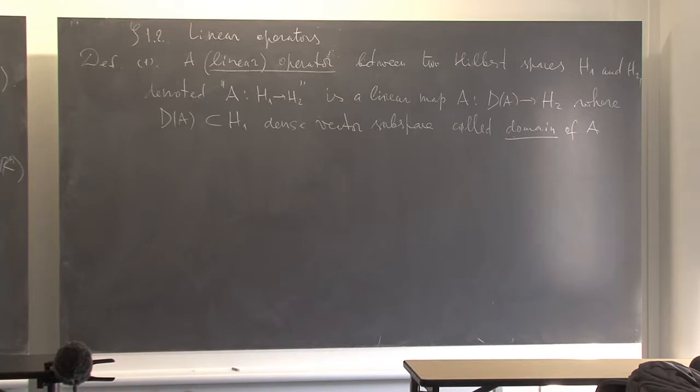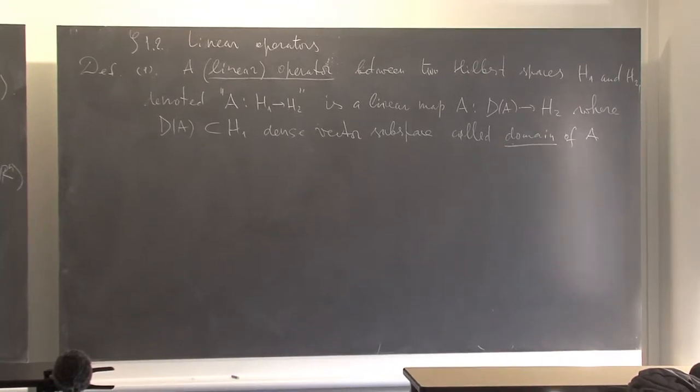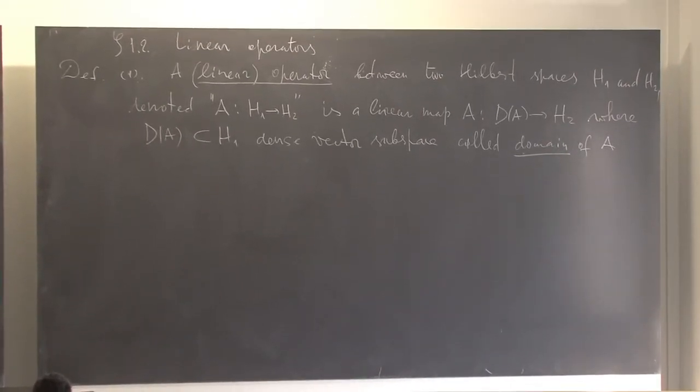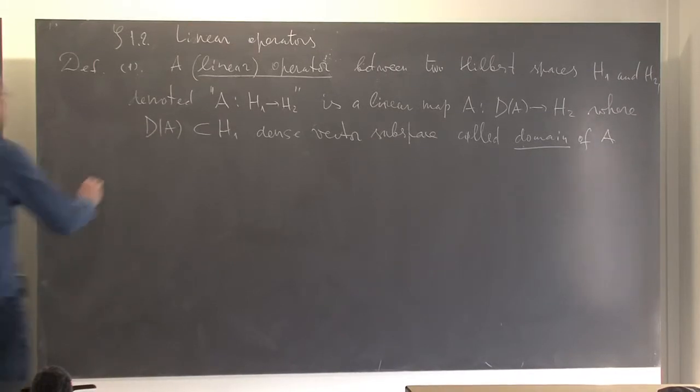Okay, this is the most general notion of a linear operator, because usually in functional analysis you often talk about just bounded linear operators. So this is the second part.